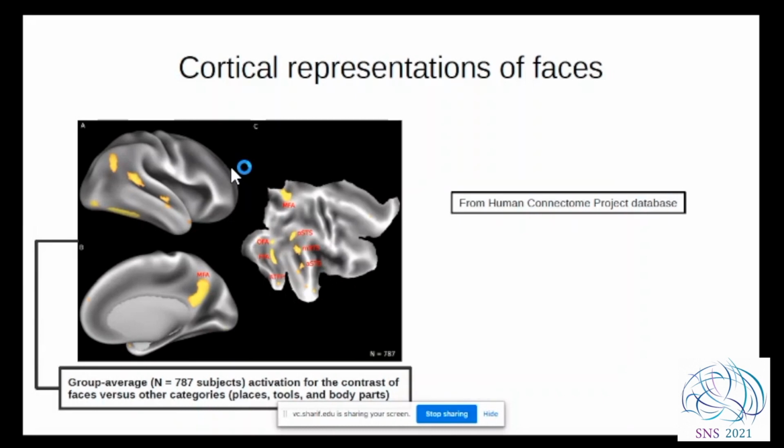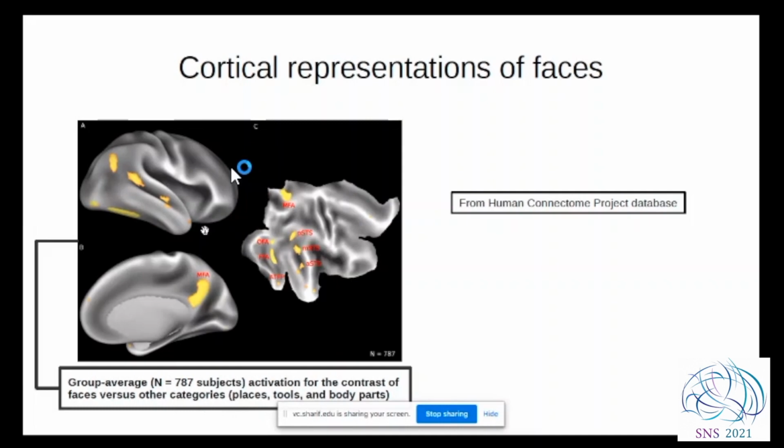Basically, these regions separate faces from other object categories. So this is a very general level of face processing in the brain. In order to get a very high quality map, we used data from Human Connectome Project database, and we made a group average map of about 800 subjects. So this database is publicly available, and we just analyzed this data.